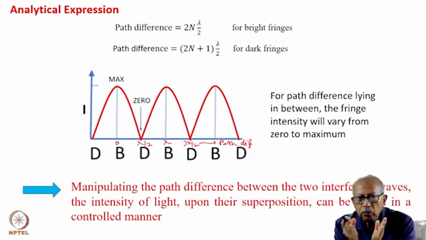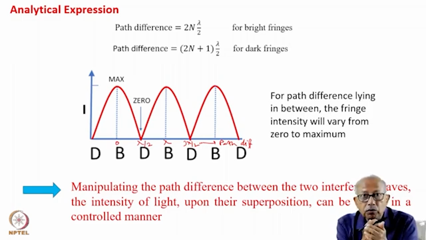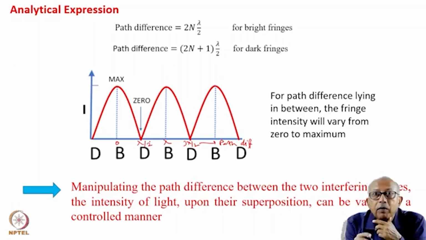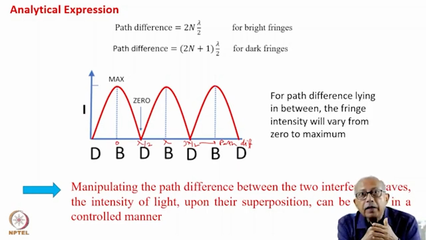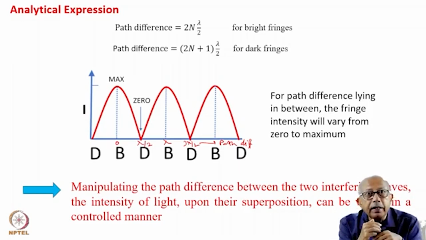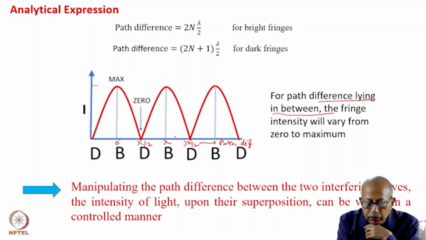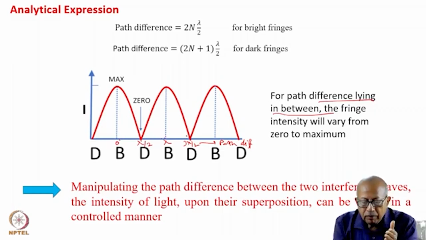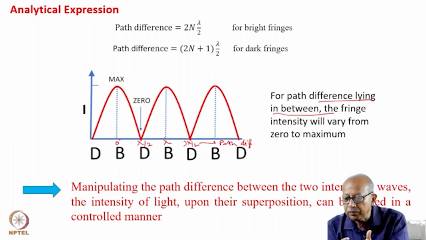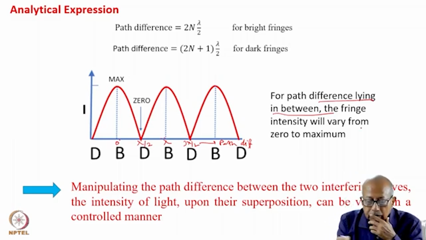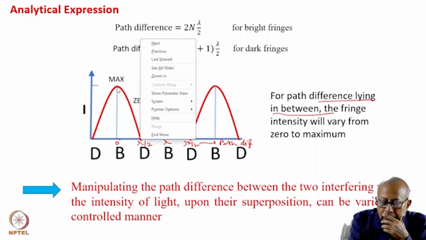When the path difference is 0, the two waves interfere constructively. Their intensity is reinforced. And when the path difference is lambda by 2, the two waves are totally out of phase and they annihilate. For path differences in between any bright and dark region, the fringe intensity will vary from 0 to maximum.